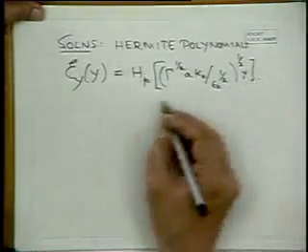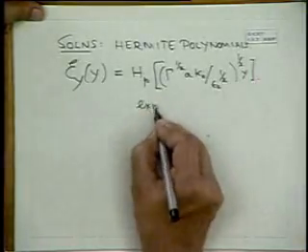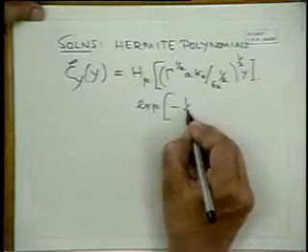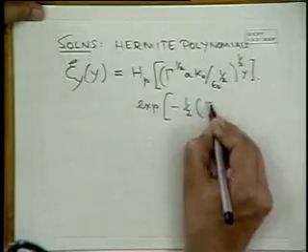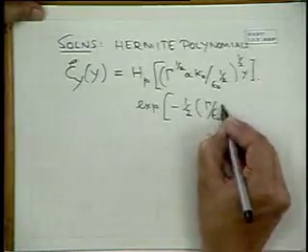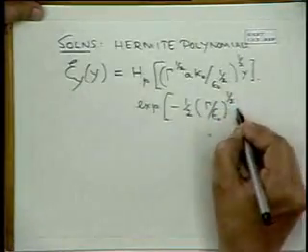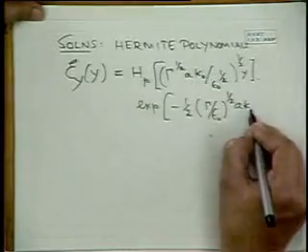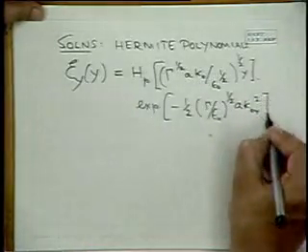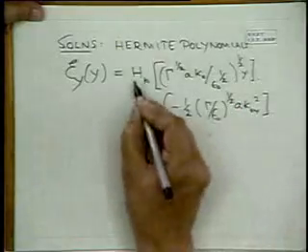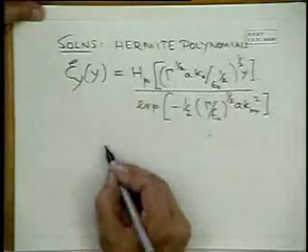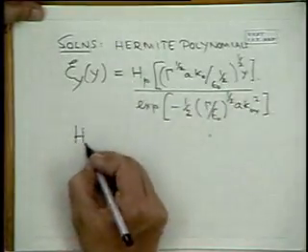Y into exponential minus half gamma by epsilon 0 a k0 y squared, where this is the Hermite polynomial of order p.